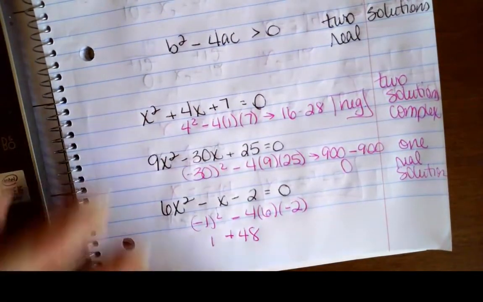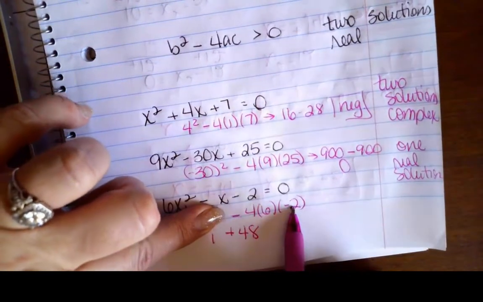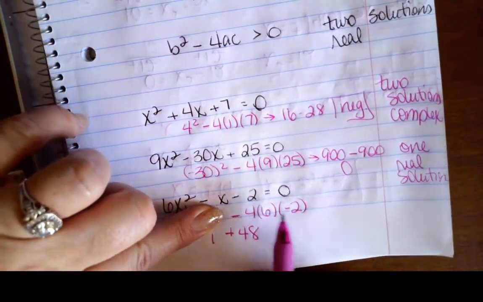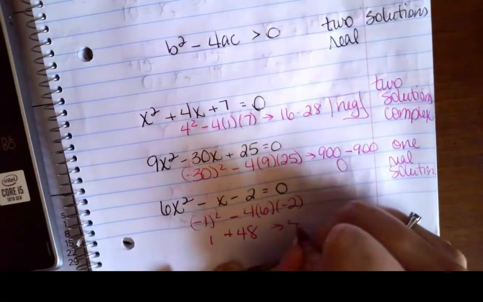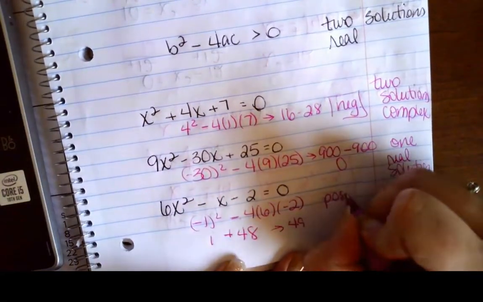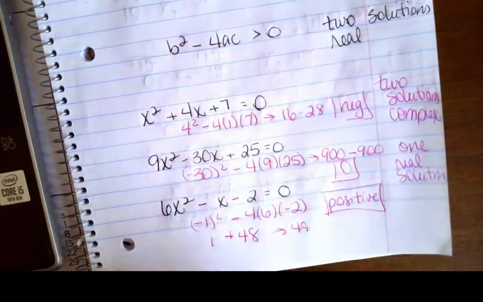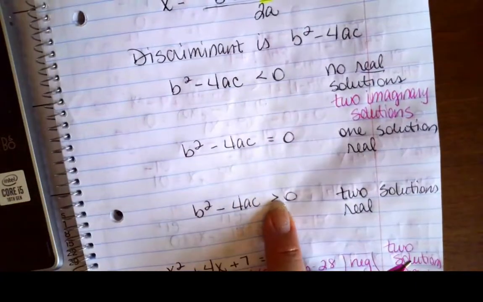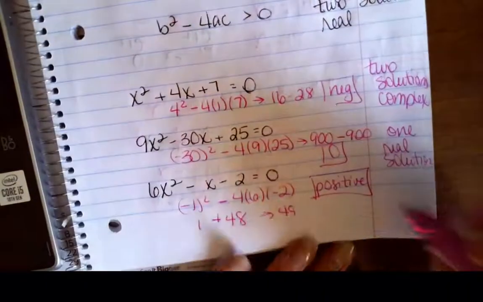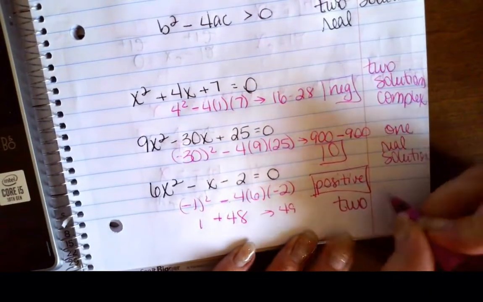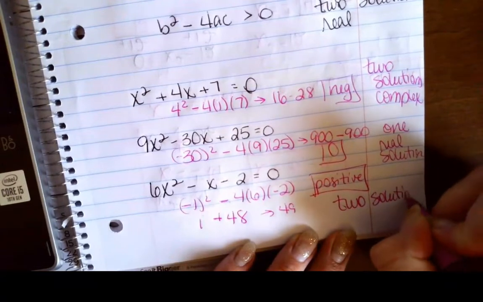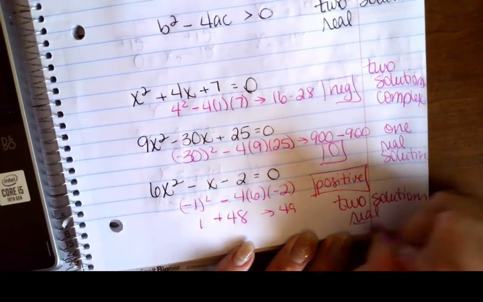Okay, so 1, and then a negative 4 times a 2 is a positive. 8 times 6 is positive 48, so I get 49. I get a positive answer. Okay, which means, what do you have? If you get a positive answer, you're going to have two solutions and they are real.